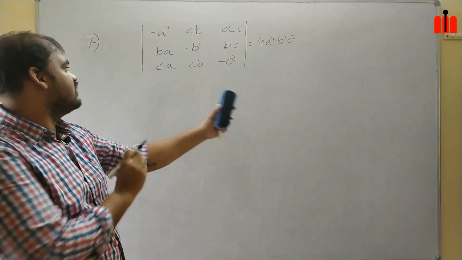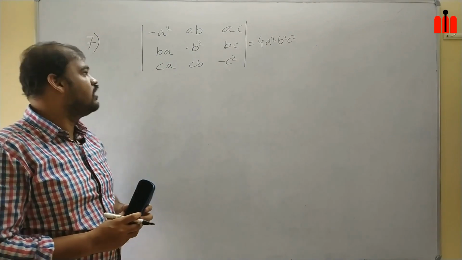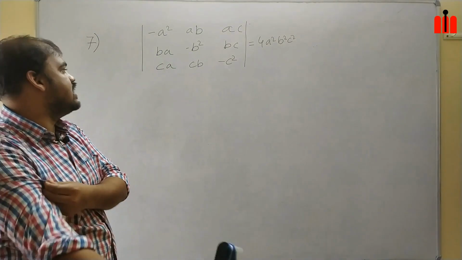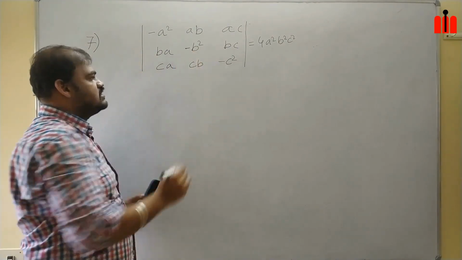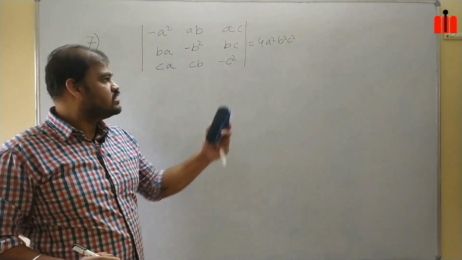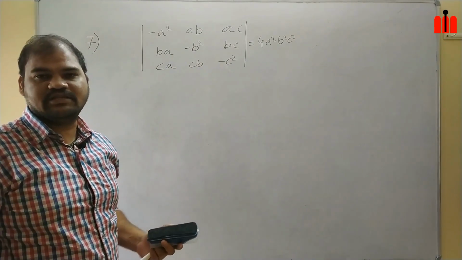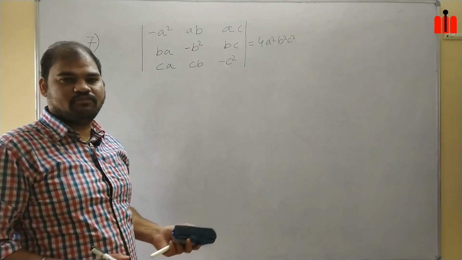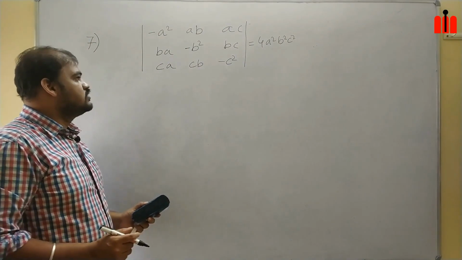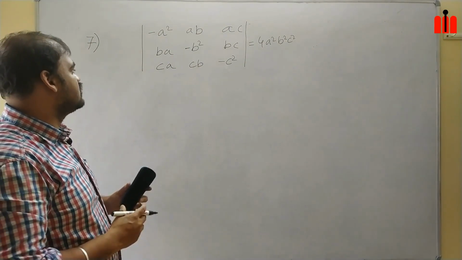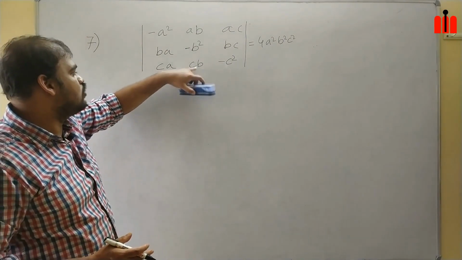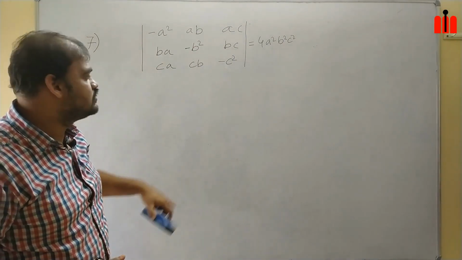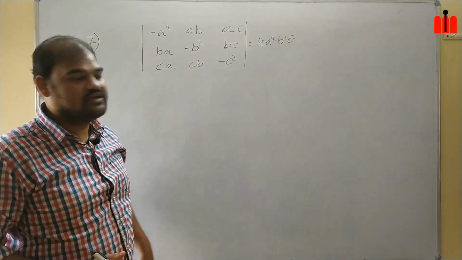In problem number 7, determinant of minus a square, ab, ac, ba, minus b square, bc, ca, cb, minus c square, equal to 4a square b square c square. We have to show that by using the properties. For that, I will first take a common from c1, b common from c2 and c common from c3.